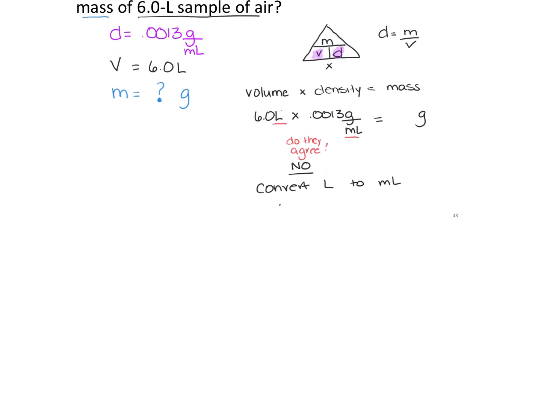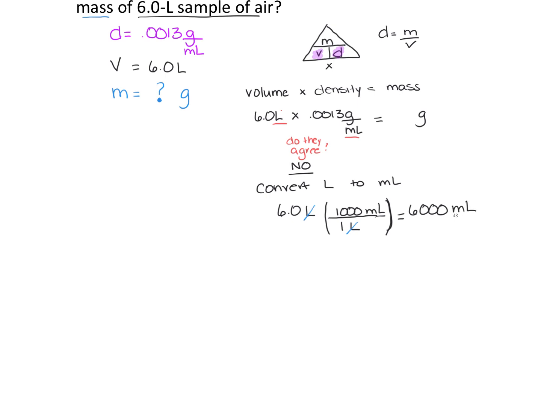So I say, okay, I've got 6 liters, and I know in 1 liter, there's 1,000 milliliters. Notice how I caught myself. I caught myself because I knew those milliliters would not cancel. That's a really common thing to do. And so now that gives me 6,000 milliliters.